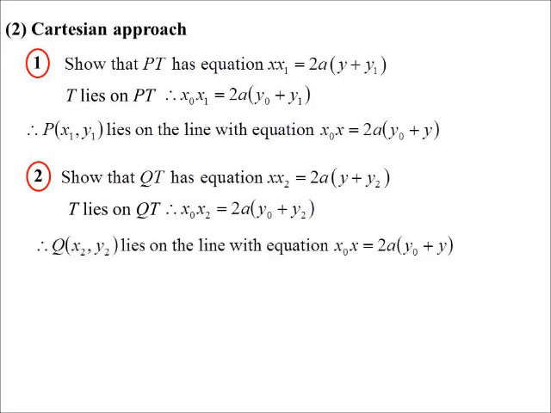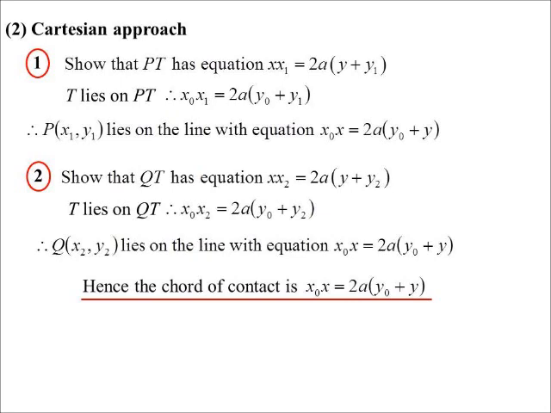But hang on, Q therefore lies on this particular line, x0 x equals 2a(y0 plus y). Because I know that if I substitute Q in, I get a correct statement. Well, hang on. If P lies on that line and Q lies on that line, that must be the line PQ. So therefore, the chord of contact is there.